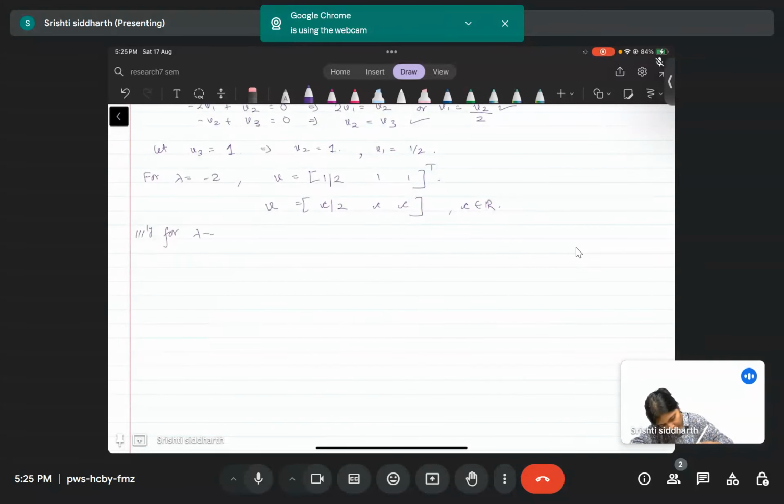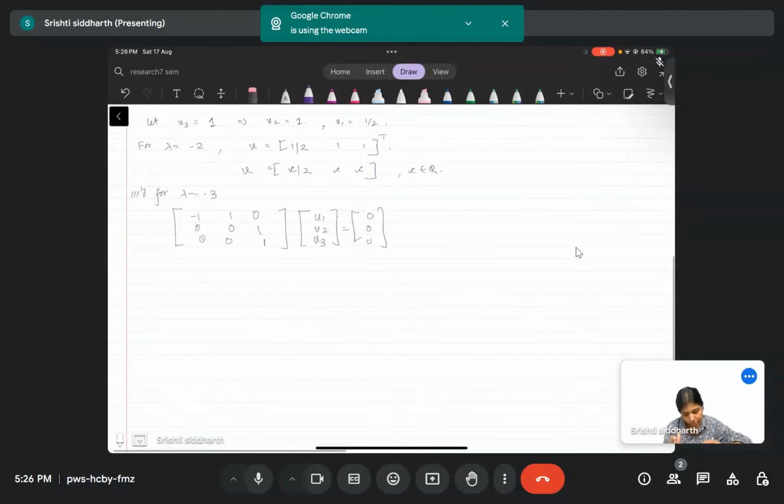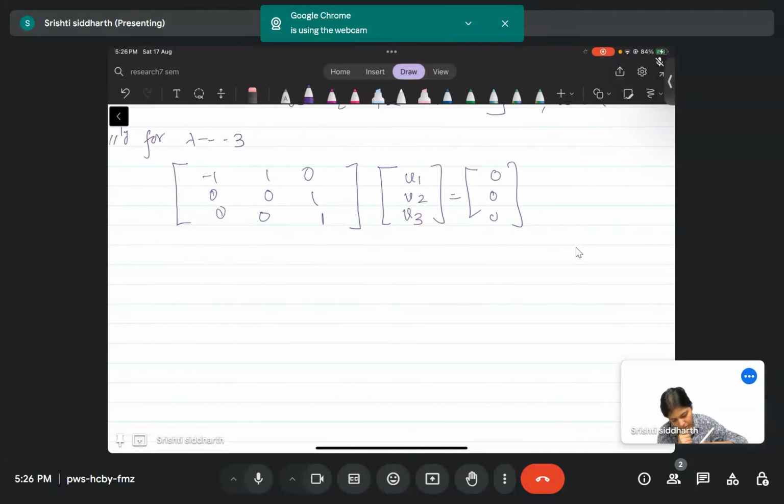We have for lambda equals minus 3. The equation is minus v1 plus v2 equals 0.